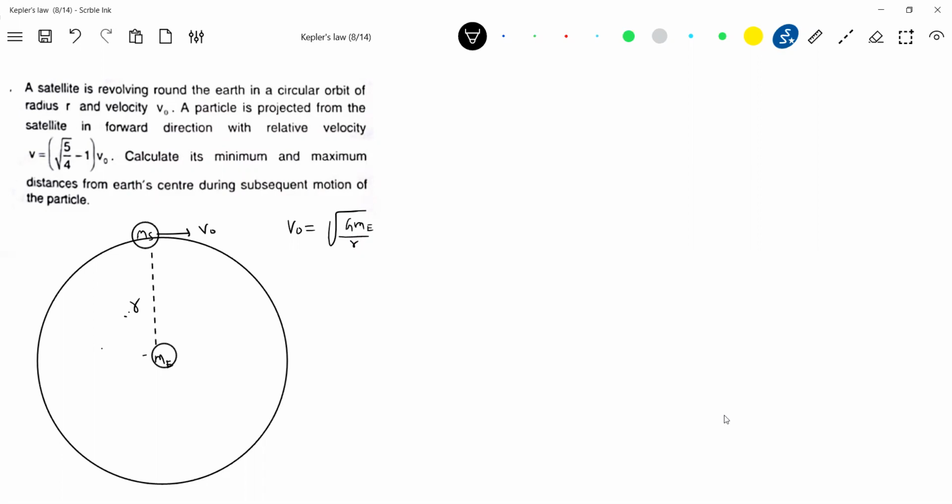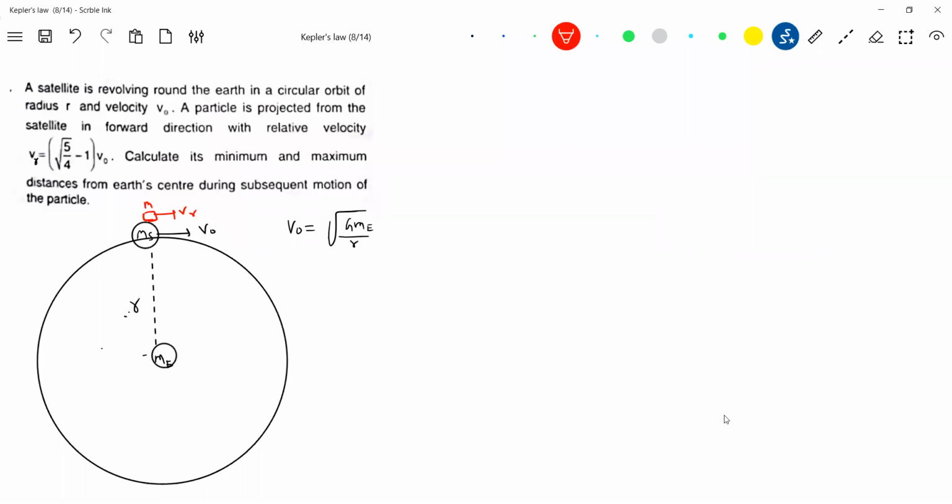That is the velocity of the satellite, the orbital speed. The stone is projected with a relative velocity Vr. The mass of the stone is m, and it has Vr in the forward direction.